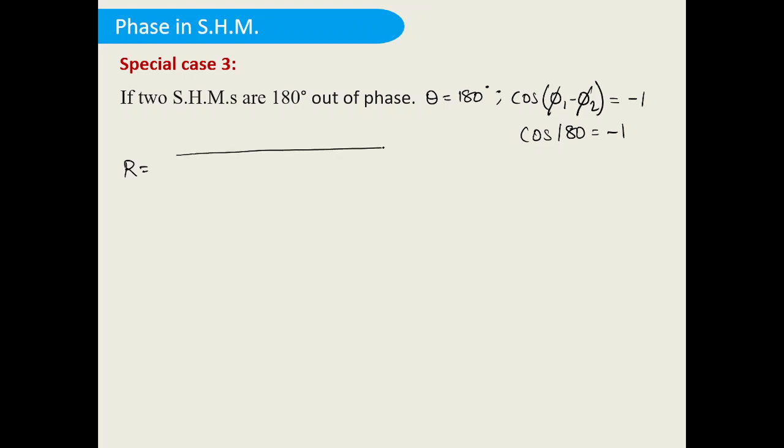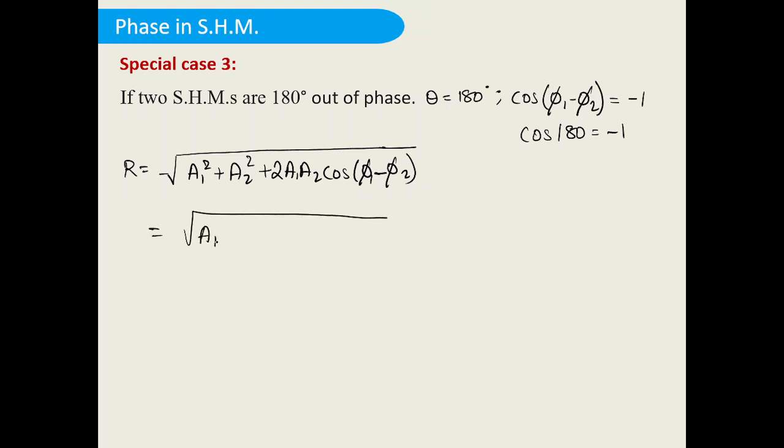R is equal to under root of a1 square plus a2 square plus 2a1 a2 cos of phi 1 minus phi 2, with the cosine equal to minus 1. So this is equal to under root of a1 square plus a2 square minus 2a1 a2.